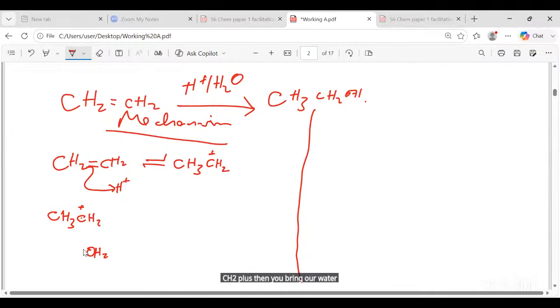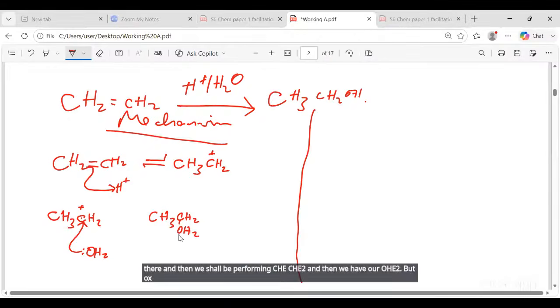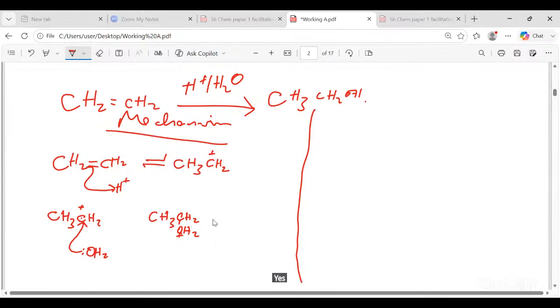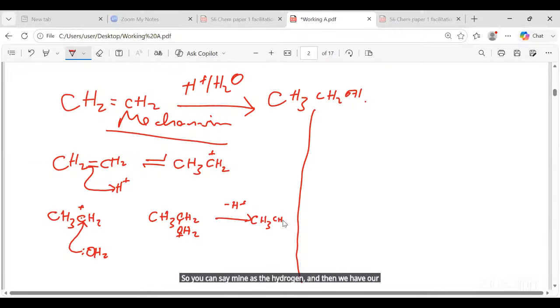Water has some free electrons which will come there, and then we shall be forming CH3, CH2, and then we have our OH2. But oxygen is having extra bonds, so you have a positive. So we lose, minus the hydrogen, and then we have our alcohol.